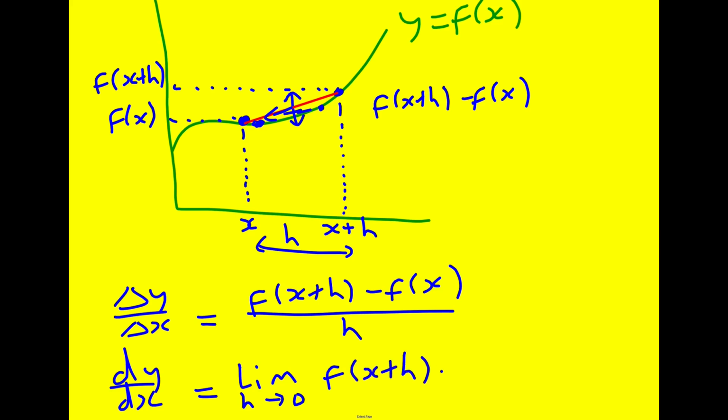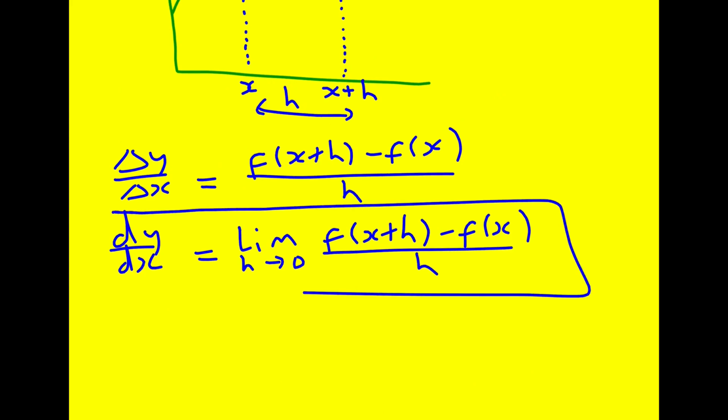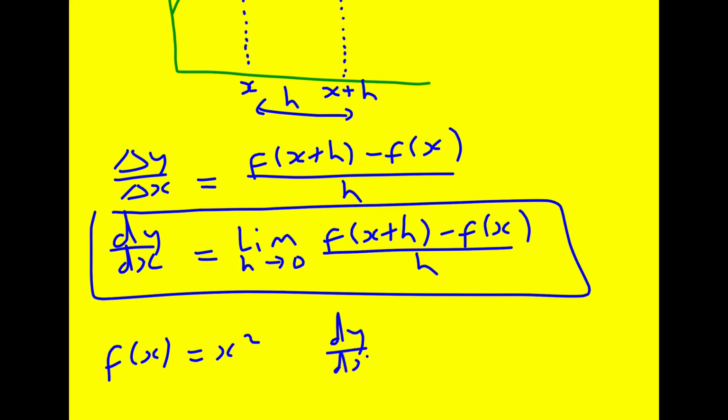And this, ladies and gentlemen, is the formula for how to find the instantaneous gradient of any curve. If f of x is equal to x squared, we get dy by dx equals 2x. I showed that one above.